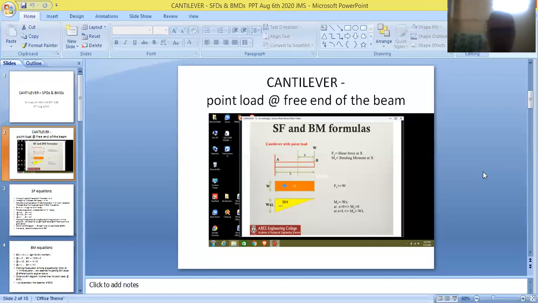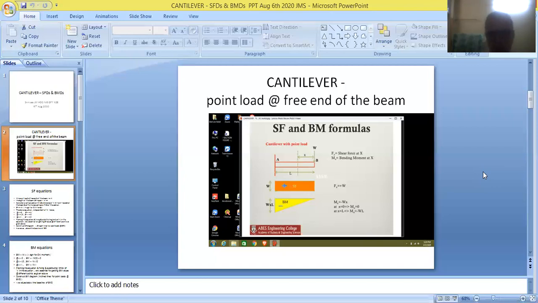Now friends, for writing the equation, we have to consider a vertical section that is called XX. A vertical section has to be considered at a distance of x meter from the free end of the beam.